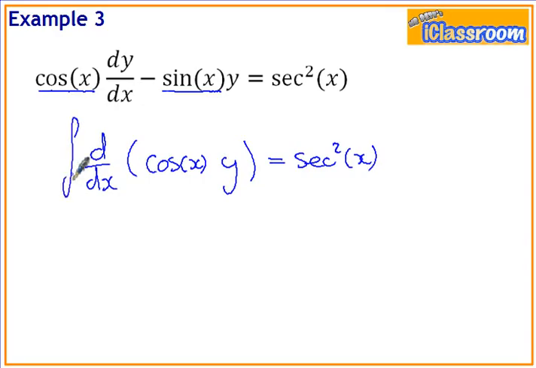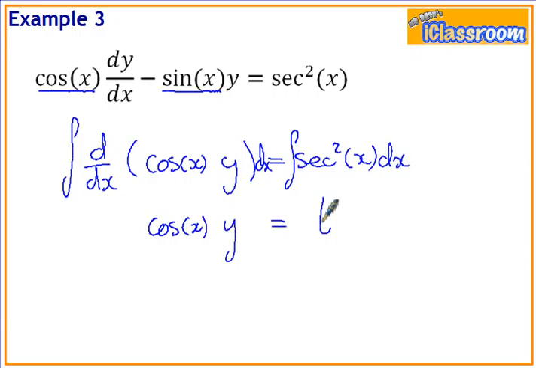Now, integrating both sides with respect to x, I end up with cosine of x times y is equal to sec squared. This can be tricky to integrate unless you can remember that sec squared integrates to tan.